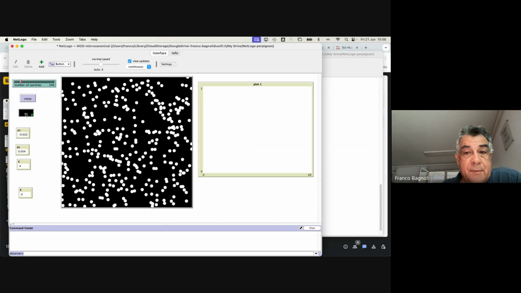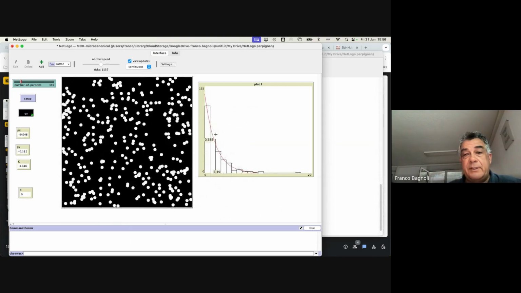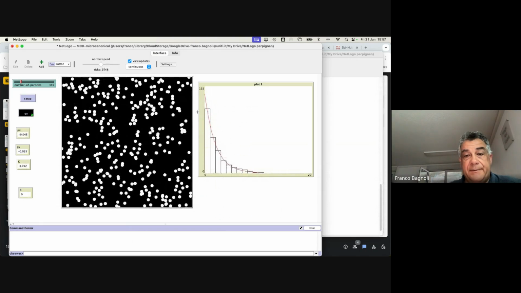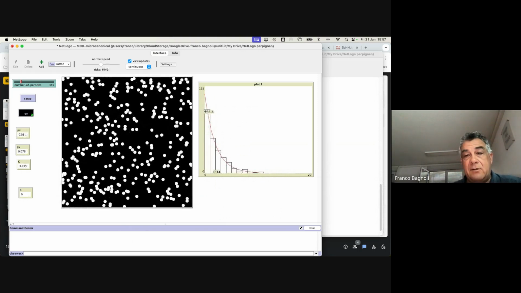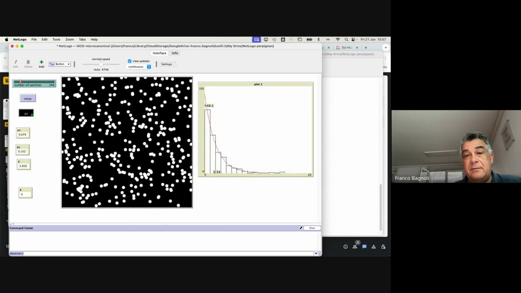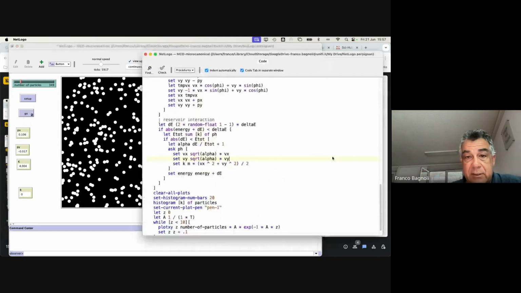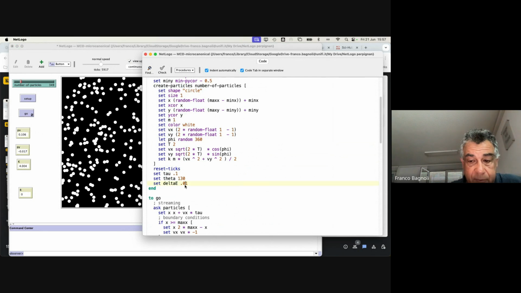Okay, so now you see that after a few interactions, the distribution of energy of the particles follows what is expected, even though I think that we can reduce quite a lot the fluctuation. Let's see.